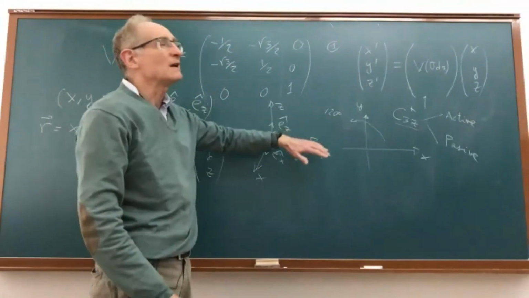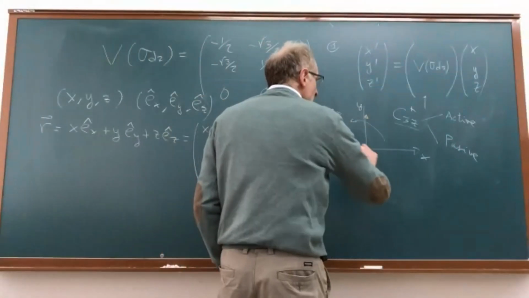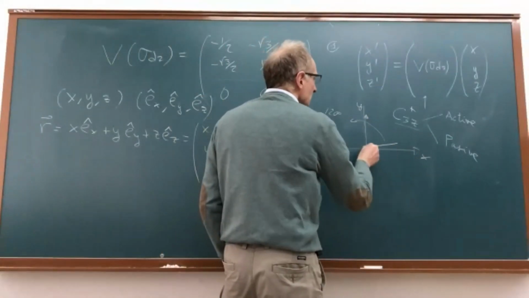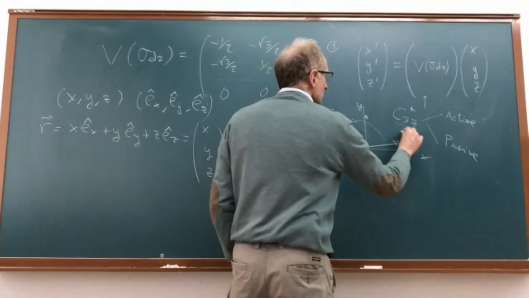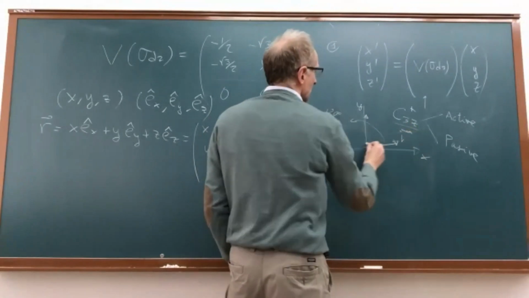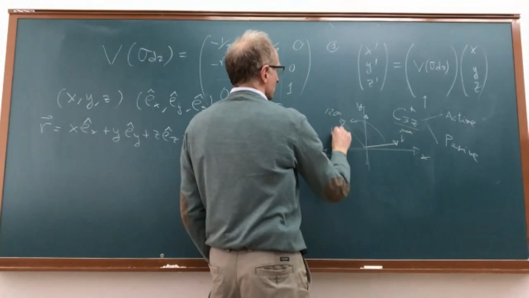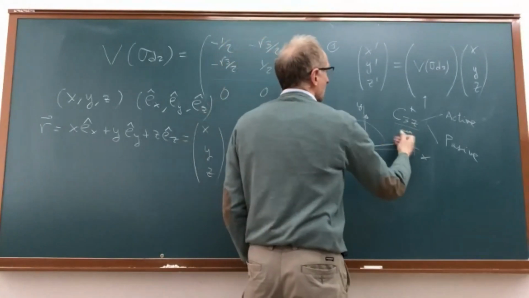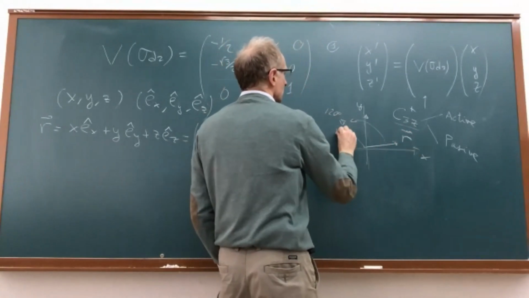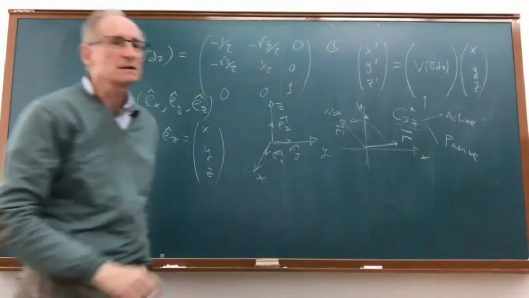under a symmetry, one rotates the objects, not the coordinate system. The coordinate system does not change. For instance, if I have a vector v here, then I rotate it to the vector v prime. If you want, the vector r. So this is the active representation.